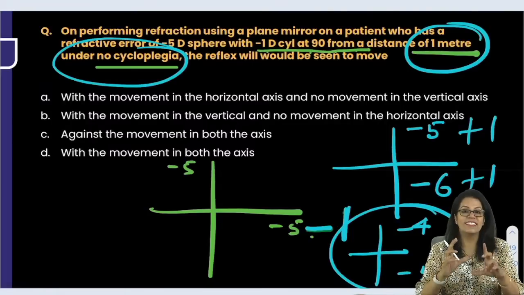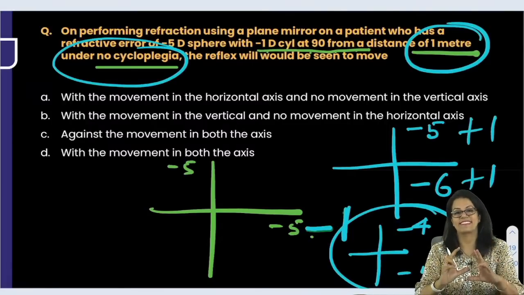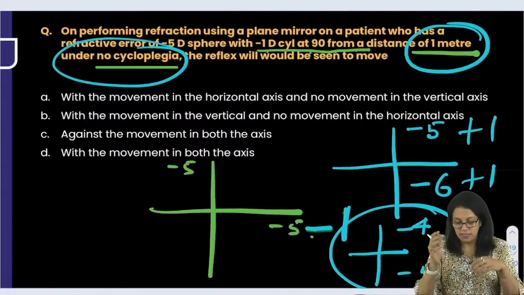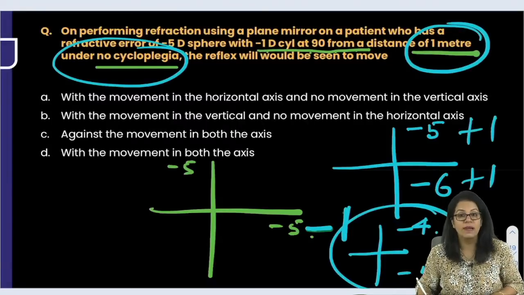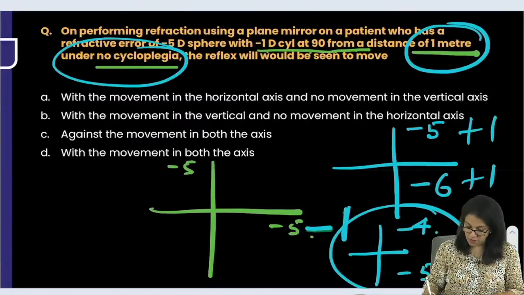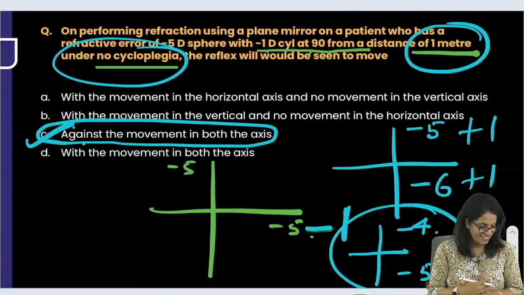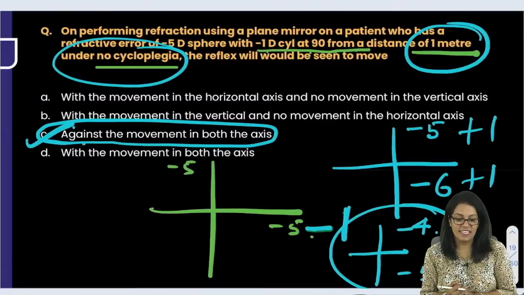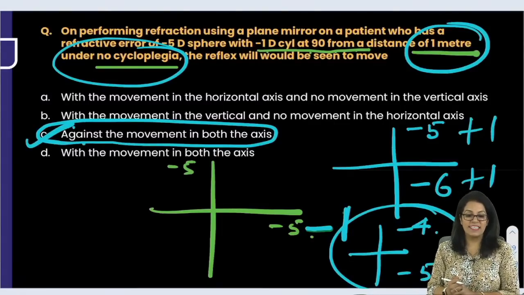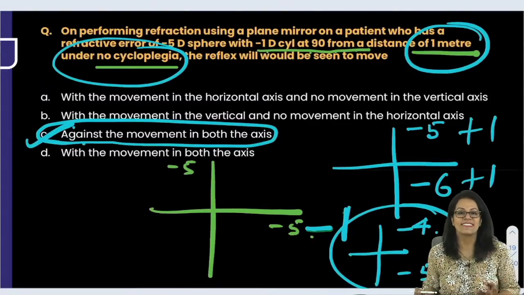So that inference you have to remember. Now tell me, what is the answer in front of you? If this is -4 and -5, it means myopia of more than 1, so this will be against the movement in both the axes. So Jitin has correctly answered. Thank you so much. So we will answer against the movement in both the axes.